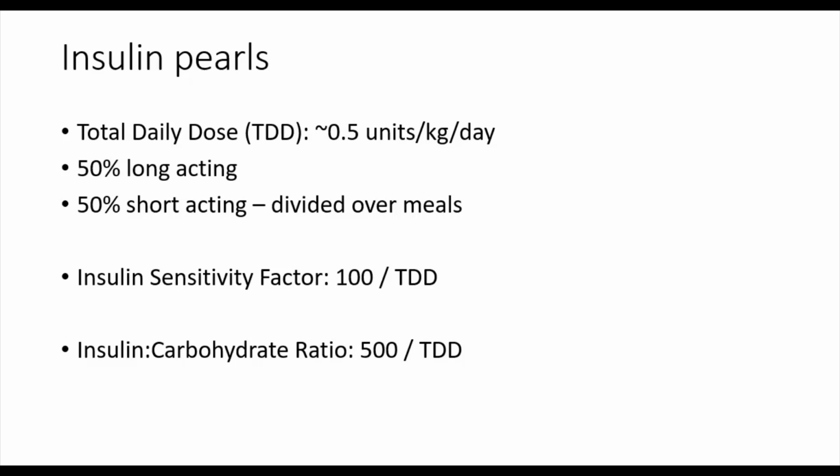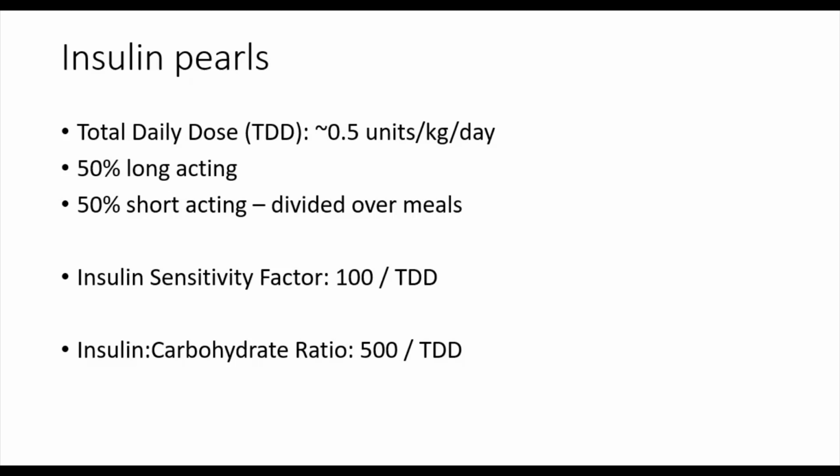The insulin carbohydrate ratio is useful for type 1 diabetic patients because they can use this ratio to calculate how much insulin they need to cover the amount of carbohydrates that they're taking in a meal.